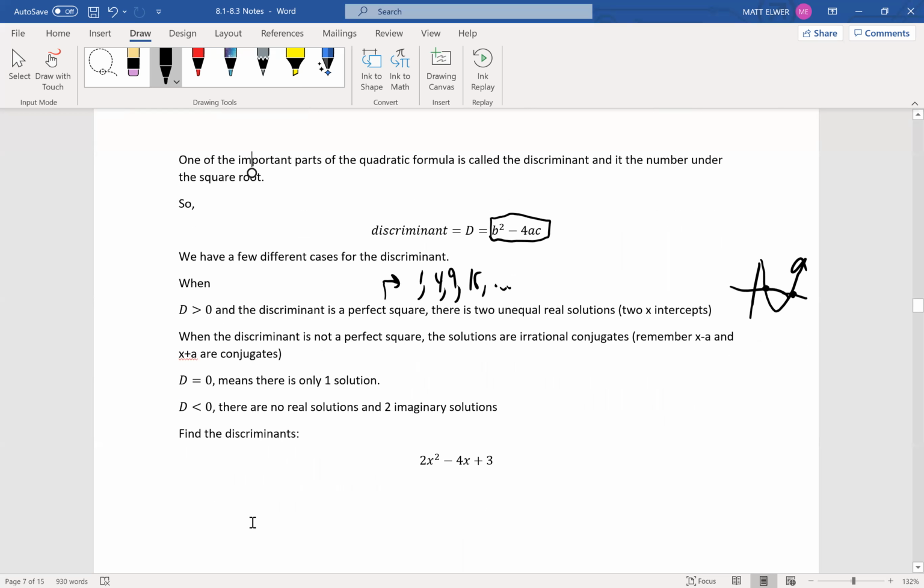When it's not a perfect square, we still have the same graph, but instead the solutions are going to be irrational conjugates. What that means is we have x minus a and x plus a, where a is just some number.